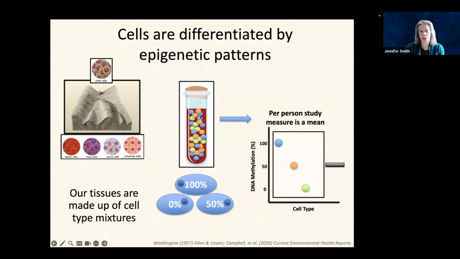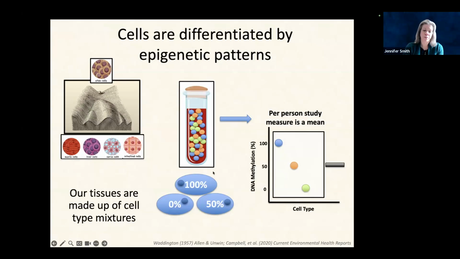So let's say you have orange cells, blue cells, and green cells. If you have a person in your study and you take that blood sample from them, at some CpG site you're interested in, if the green cell has 0% methylation and the blue cell has 100% methylation and the orange has 50, and you have those in equal mixtures, this person's mean is going to be 50% methylated, but their cell types actually look really different.